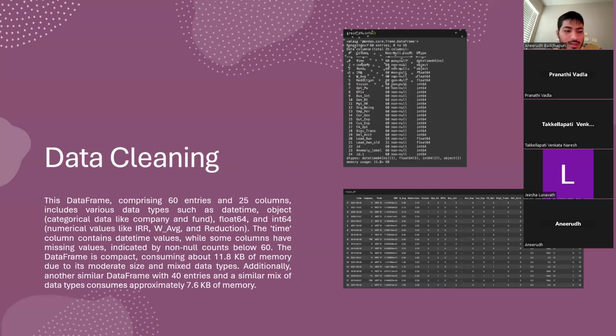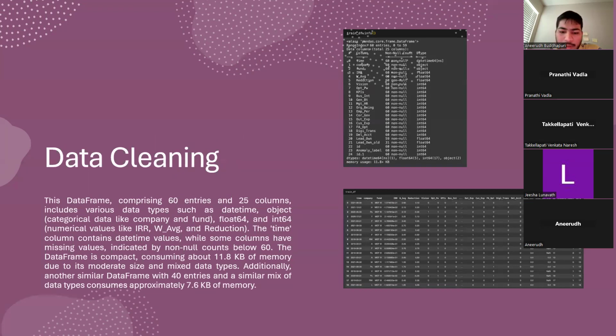And now we can see the data cleaning overview. Let's discuss the data cleaning process. Our data frame consists of 60 entries and 25 columns, including various data types such as datetime, object, float64, and int64. The time column contains datetime values, and some columns have missing values, indicated by non-null counts below 60.